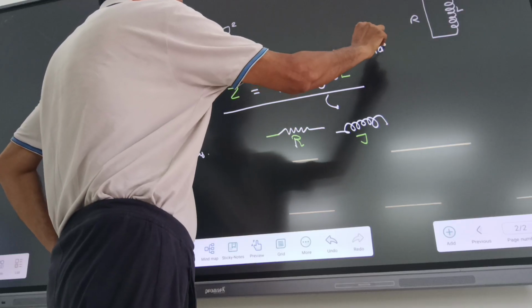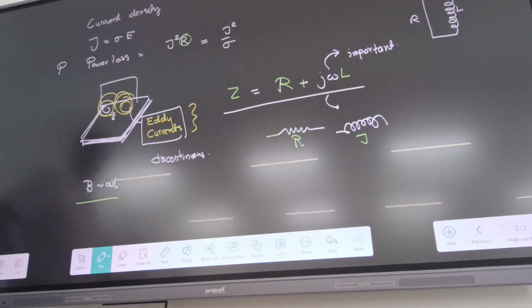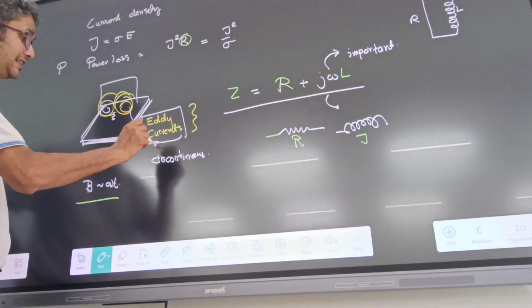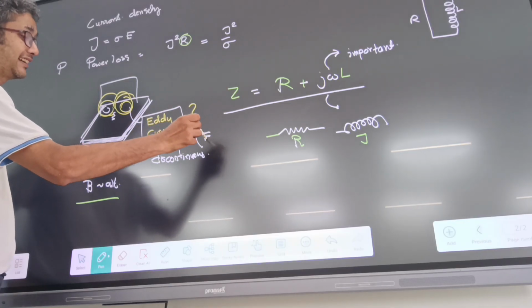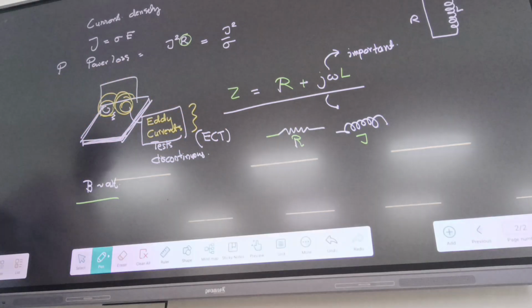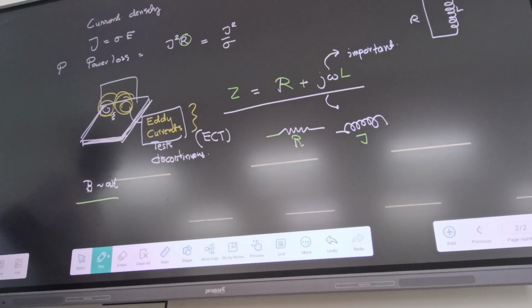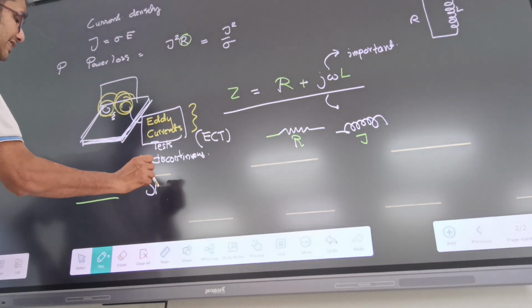Why is it important? I am telling you. One more parameter in the case of the eddy current test, ECT, for NDT is called skin depth.